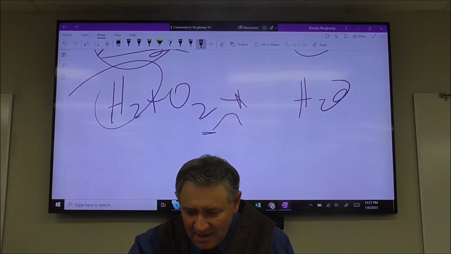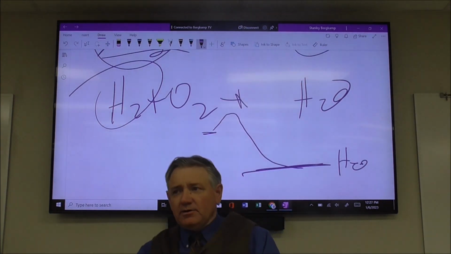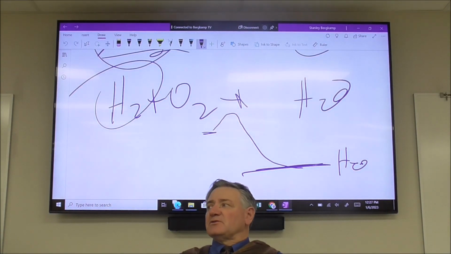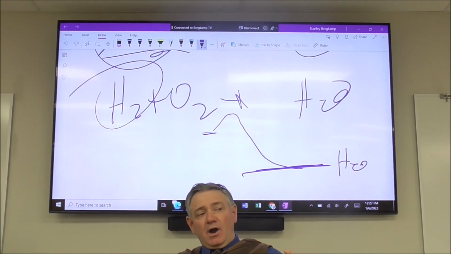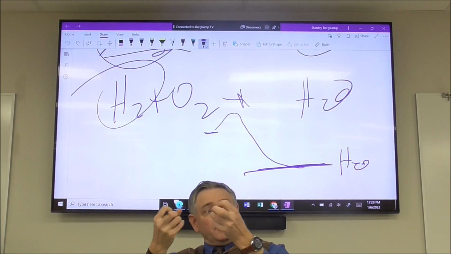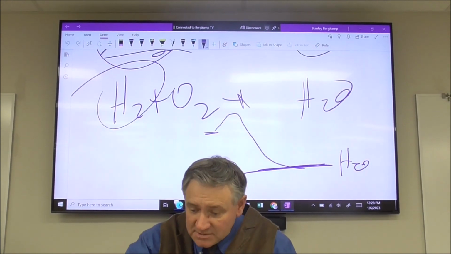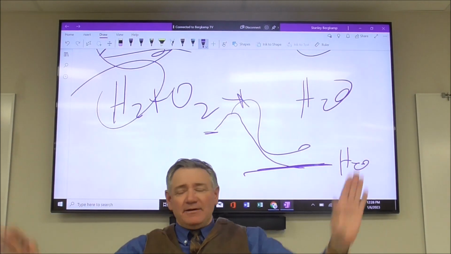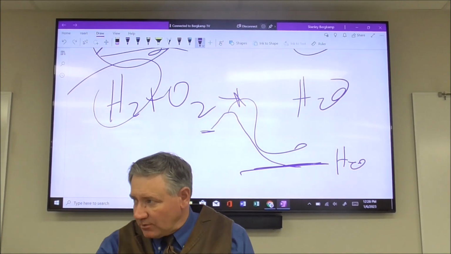I lit it on fire, it went up the roller coaster, and then we ended up down here and made a little bit of water. Not enough to make it rain inside the classroom, but we made a little bit of water. Because there was so much energy given off, there was an exothermic reaction. We formed these new bonds that make up water, and it's like a roller coaster. When people go down a roller coaster, they go, wah! That's what happened on an atomic level. They went down the roller coaster.